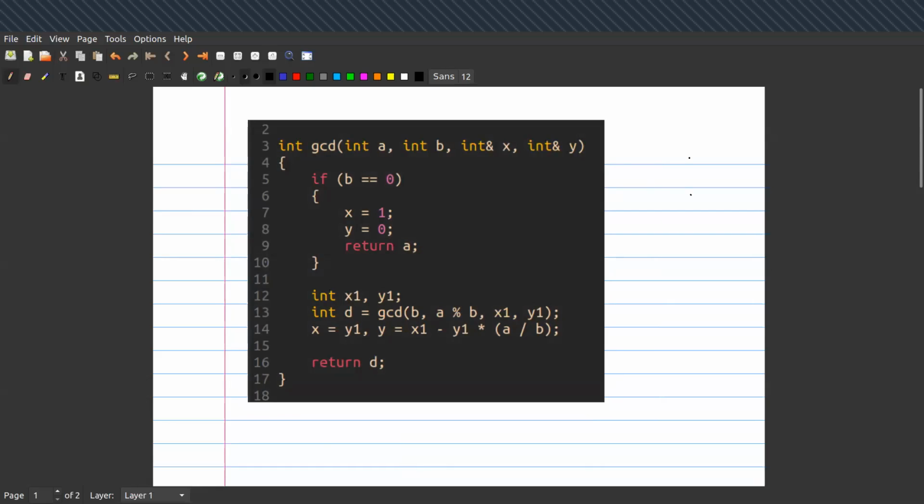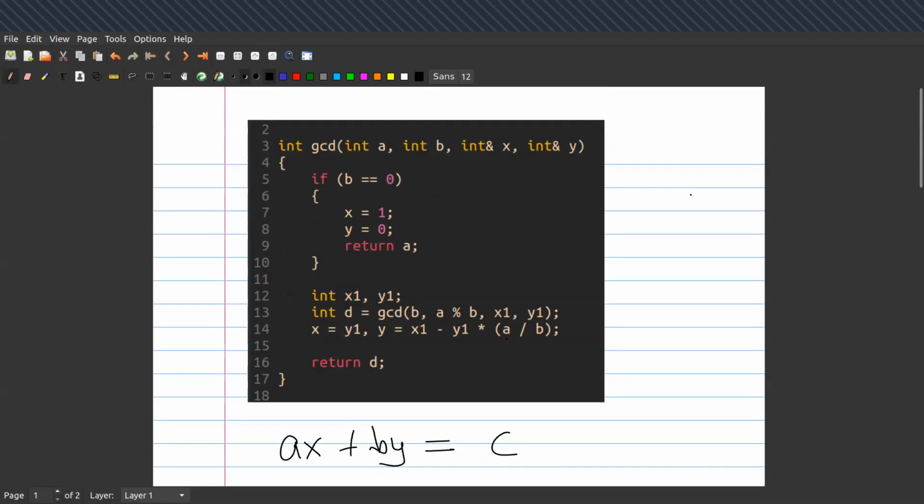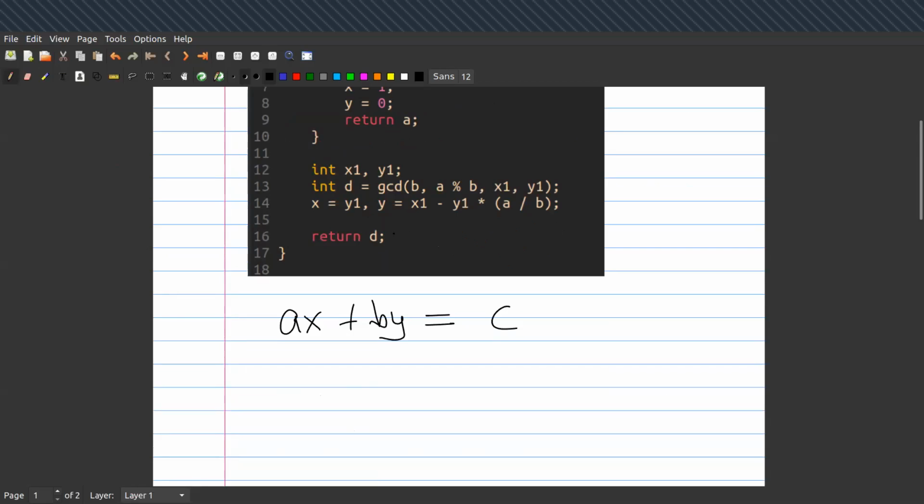So the problem is we have an equation like ax plus by equal to c, and we have to solve it, where c is basically the GCD of a comma b.